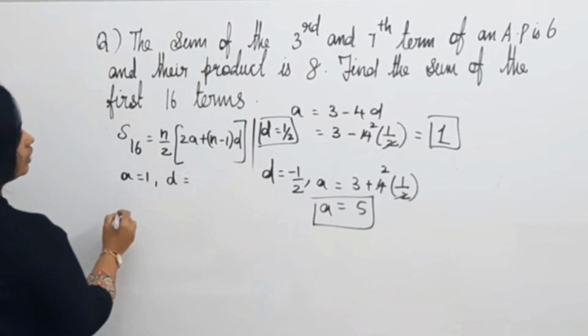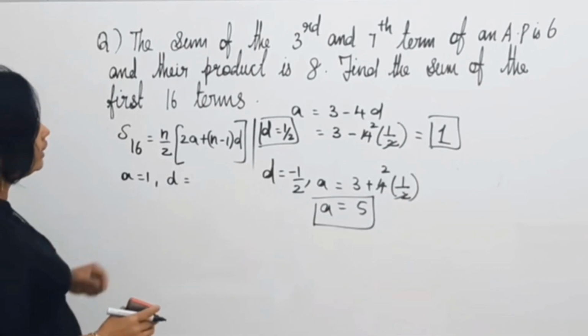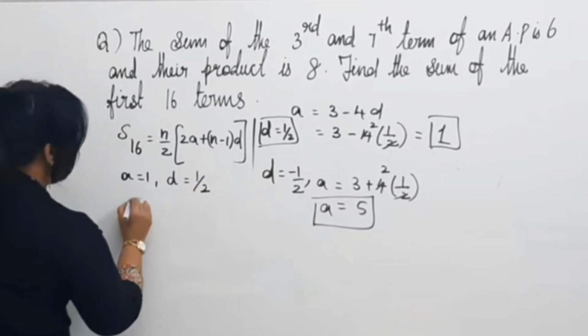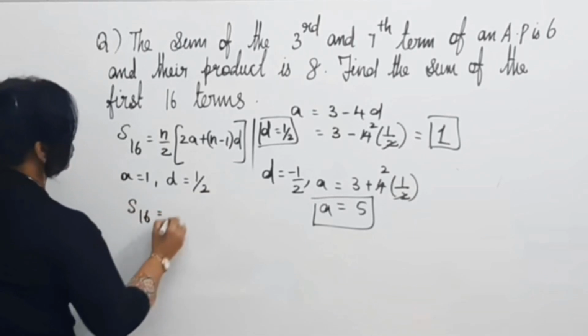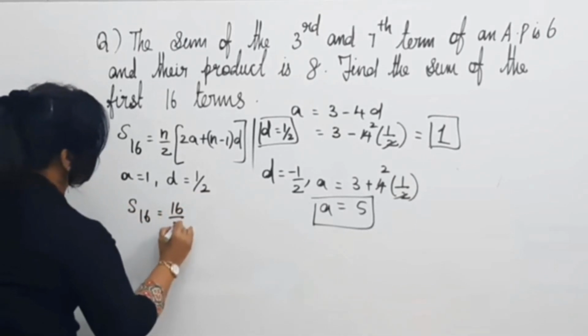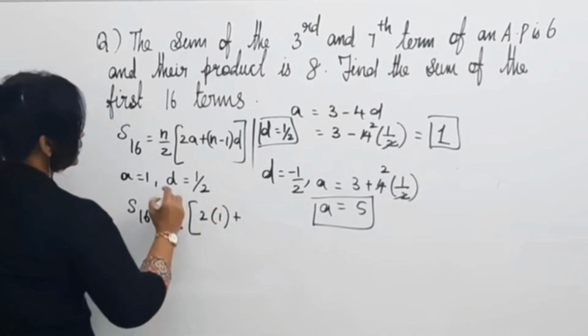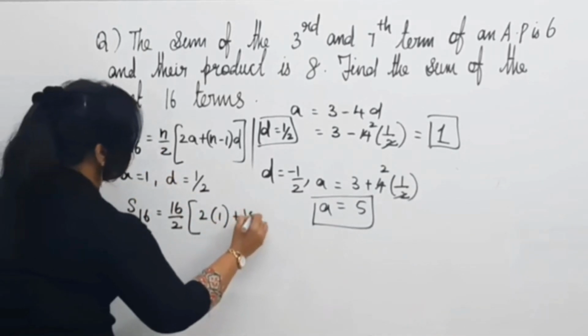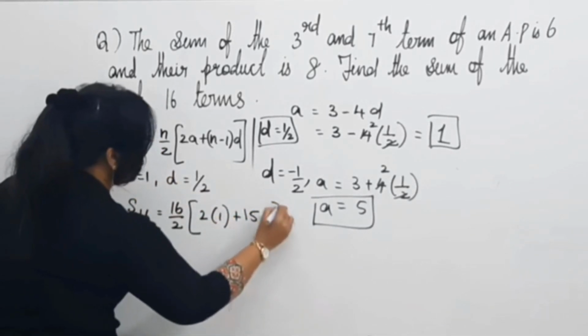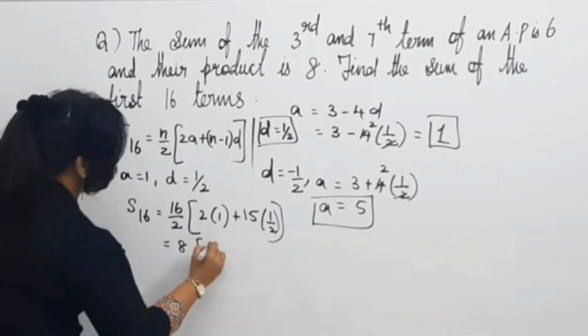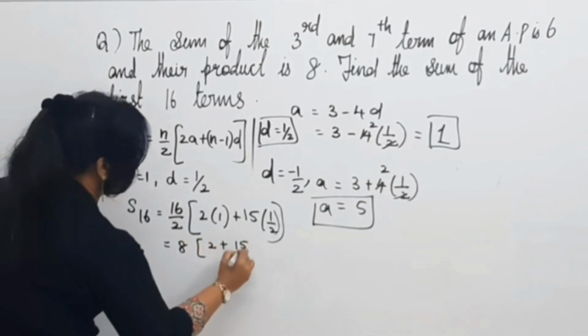So, a is equal to 1, I get it when d is equal to half. So, S16 is equal to n by 2, 16 by 2 into 1 plus 16 minus 1, it is 15 into 1 by 2. So, I would have my 8 into 2 plus 15 by 2.